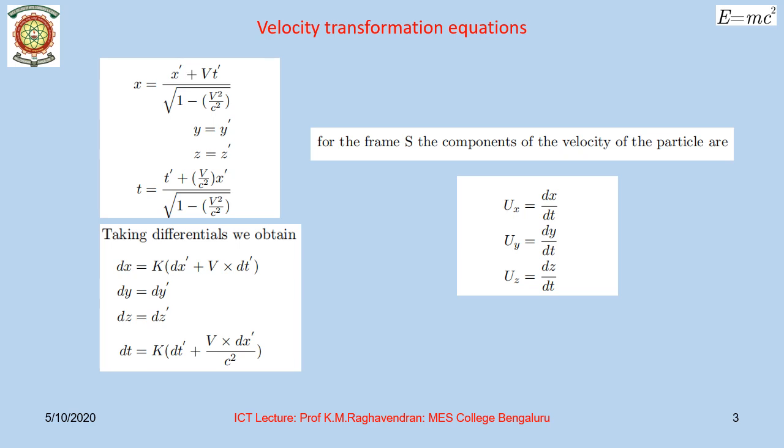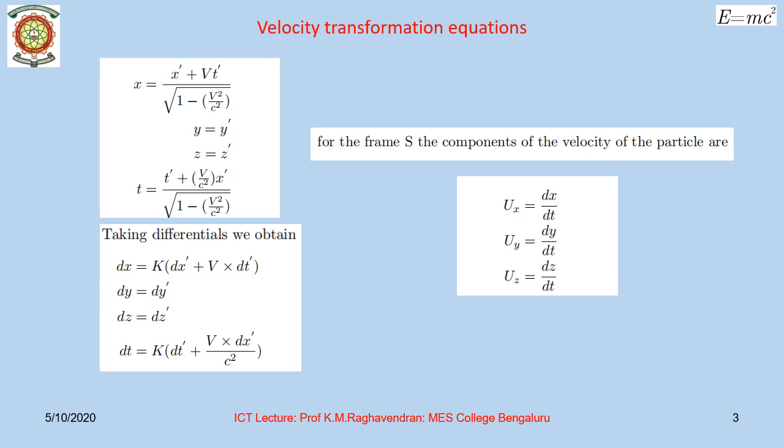Now if we take the differential of these terms, we obtain dx = k(dx' + v dt'), where k = 1/√(1 − v²/c²). Similarly, dy = dy', dz = dz', while dt = k(dt' + (v/c²)dx').